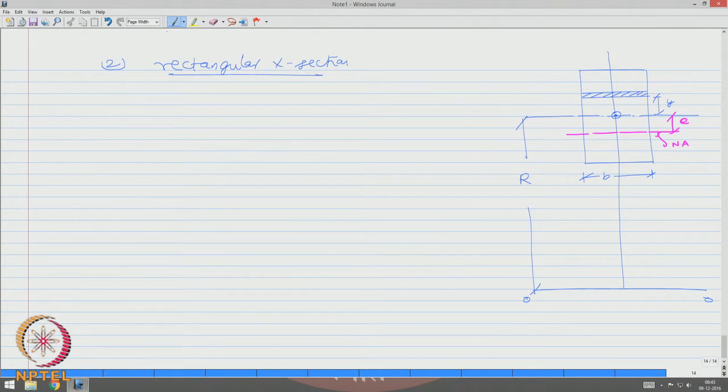Then we say that the intrados is at a distance r1 and the extrados is at a distance r2, and the dimensions say h by 2 and h by 2.